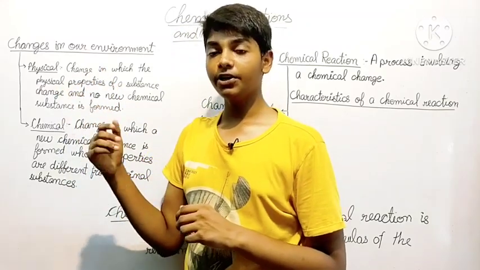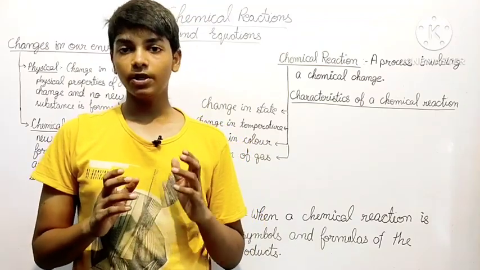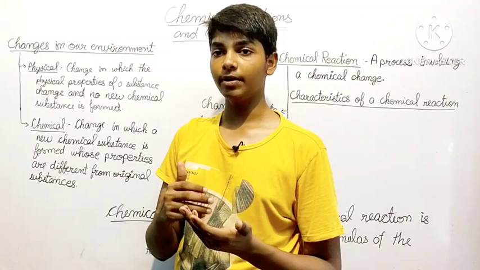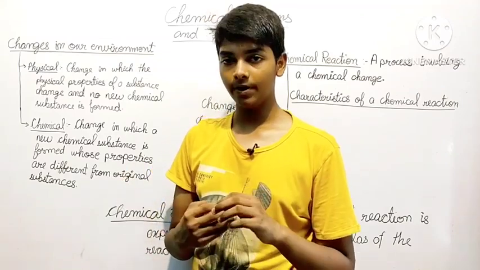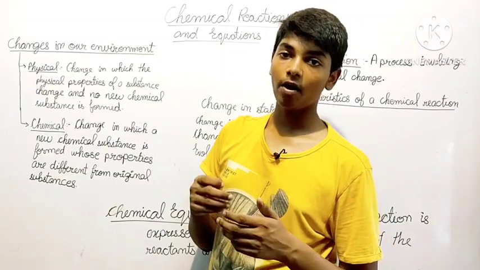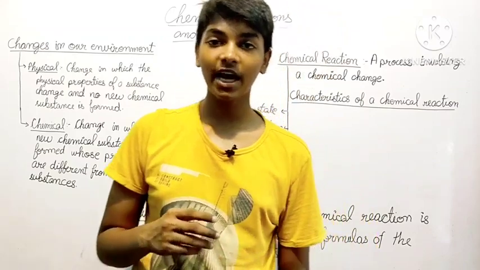Now let's take a new example of magnesium. When we say a magnesium ribbon is burnt, we mean when magnesium ribbon reacts with oxygen. Whenever magnesium reacts with oxygen, magnesium oxide is formed.